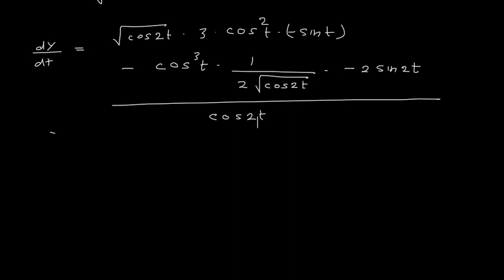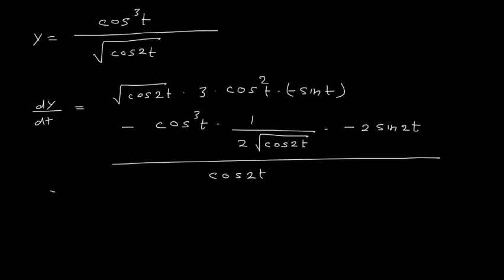So now again, as in the last derivative of x we did cross multiplication, in the same way here also we will do the same thing. So I will get minus 3 cos 2t, then cos square t, then sin t, and this minus and minus will be plus.